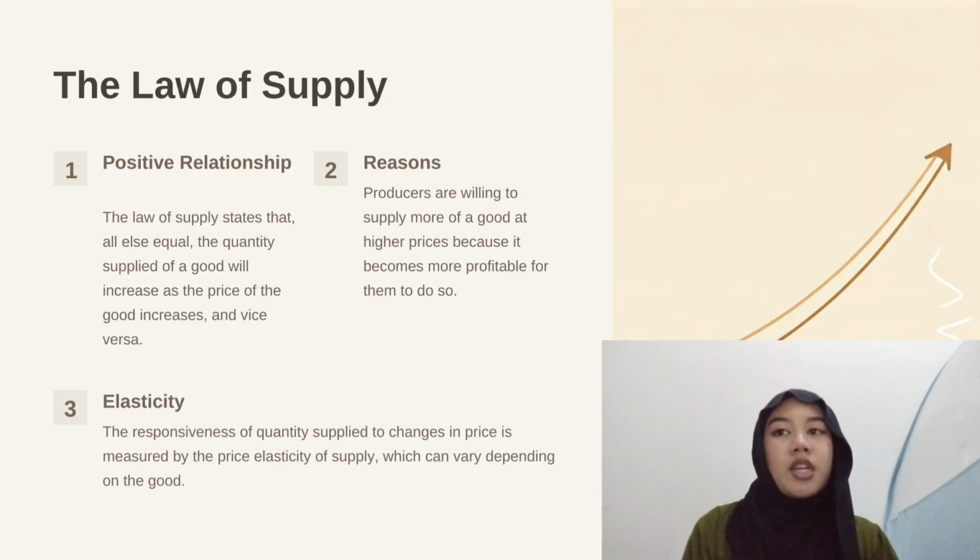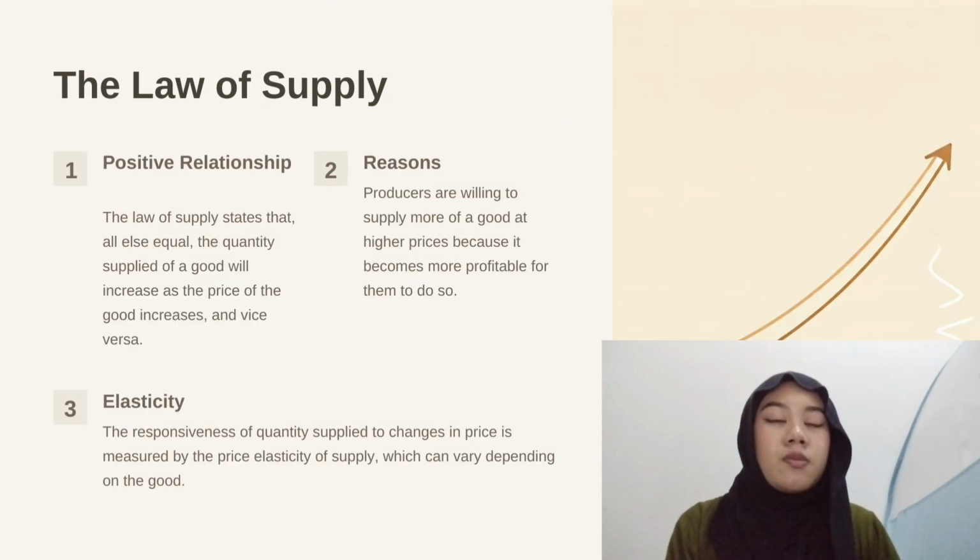The law of supply. 1. Positive relationship. The law of supply states that, all else equal, the quantity supplied of a good will increase as the price of the good increases, and vice versa. 2. Reasons.